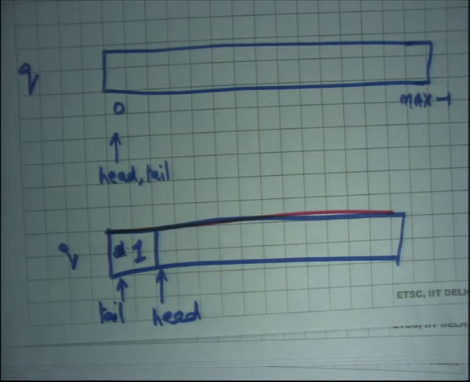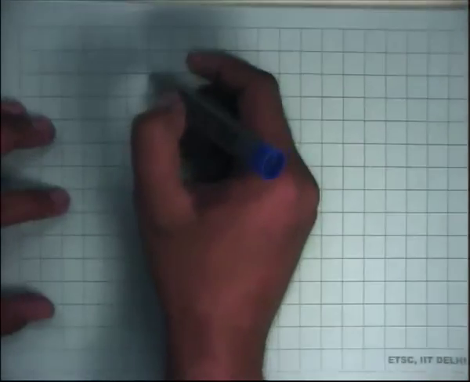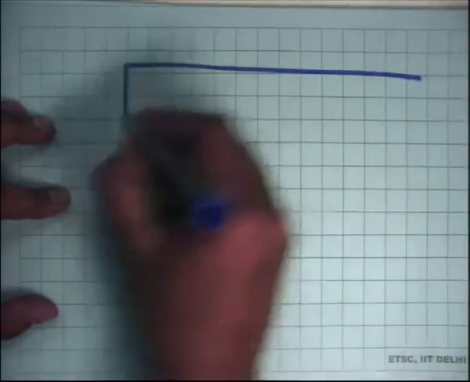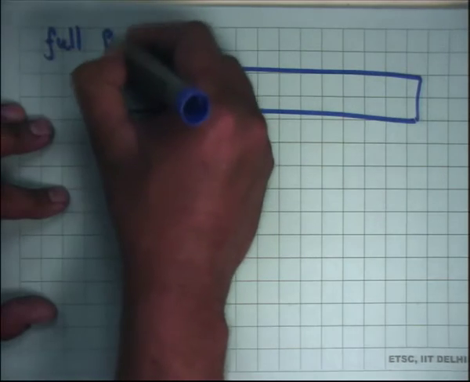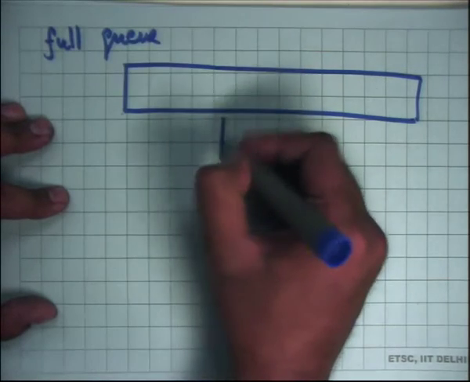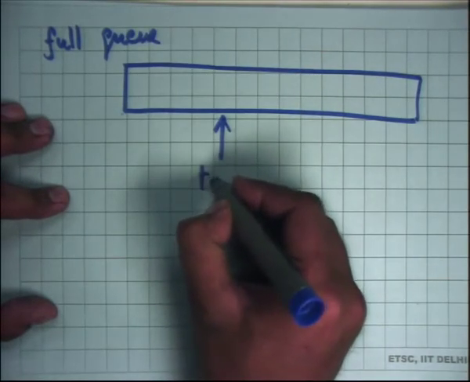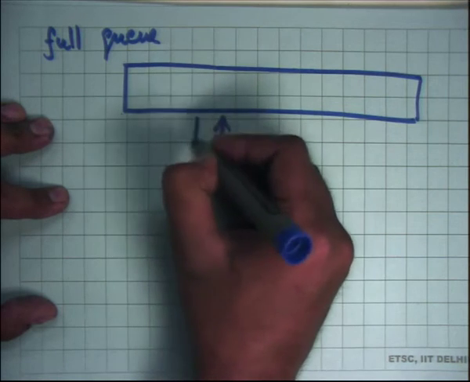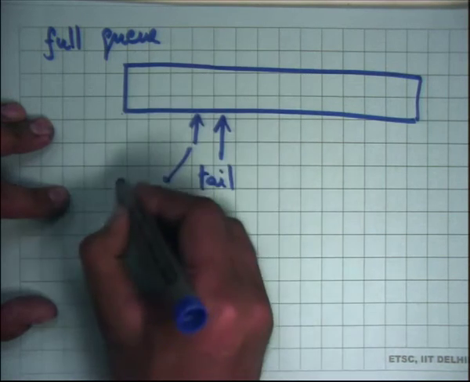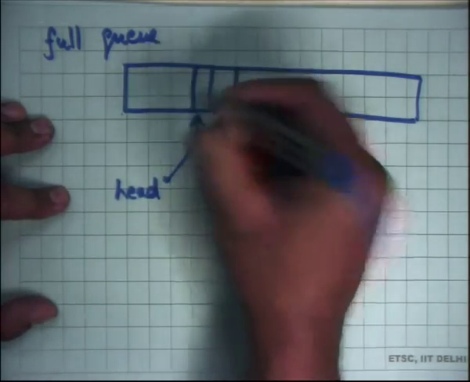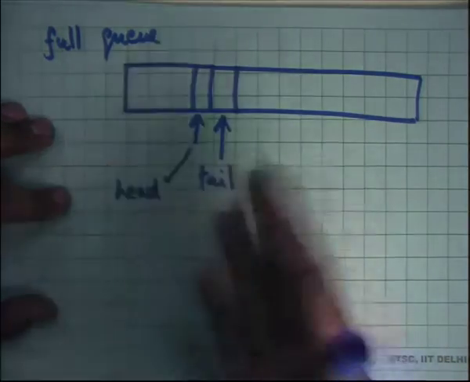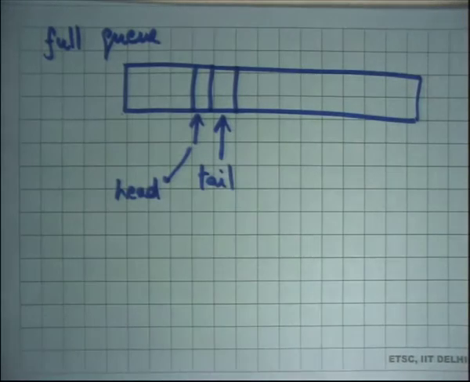So I just keep incrementing head, and the consumer may also increment tail, and the queue becomes full. So the condition for a full queue looks something like this. Tail is here, and head is just behind the tail. This is the full queue. If I try to add one more data item, I cannot do it without having to override something that has not yet been consumed.